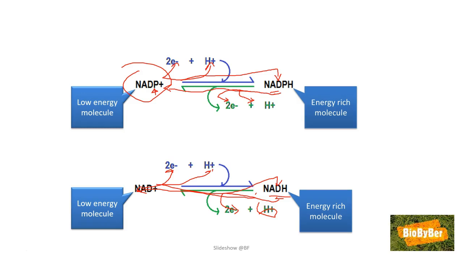NADP's taxi, NADP+, can pick up passengers. He can pick up 2 electrons and a proton. It then becomes NADPH, hired. NADP's taxi is hired. It has the H, which is the proton here, H for hired, and it has the 2 electrons.